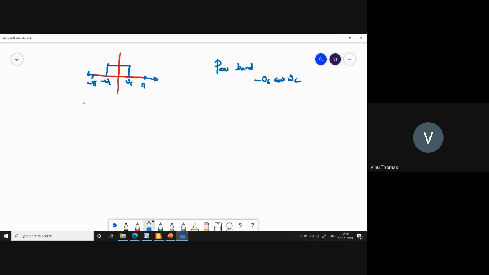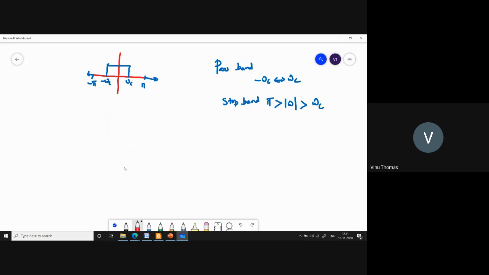It's a real filter, so that is why you have a symmetric frequency response here. And the stop band is for mod omega greater than omega c but less than pi, because your range of frequencies will be between minus pi and plus pi.